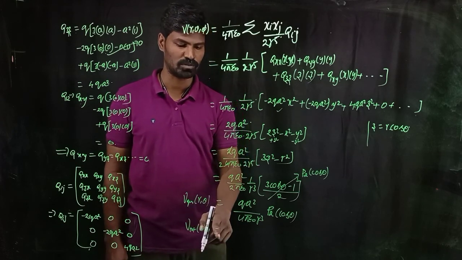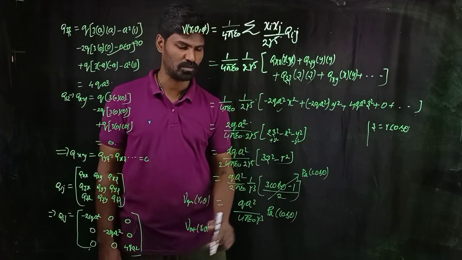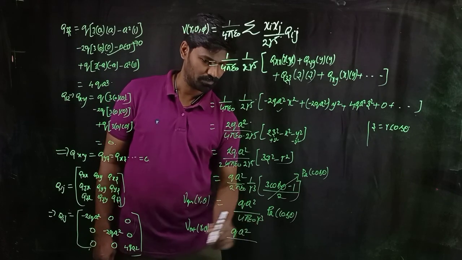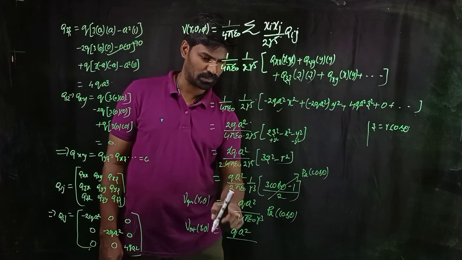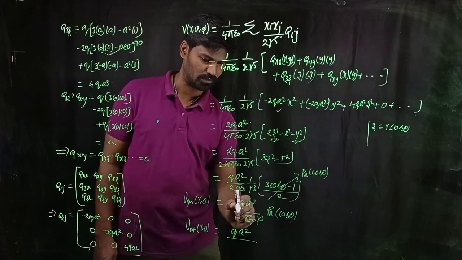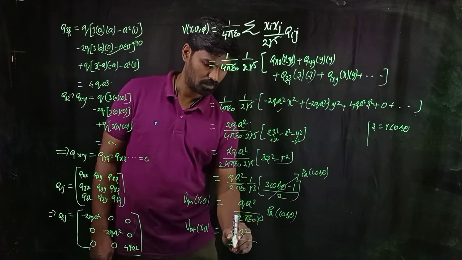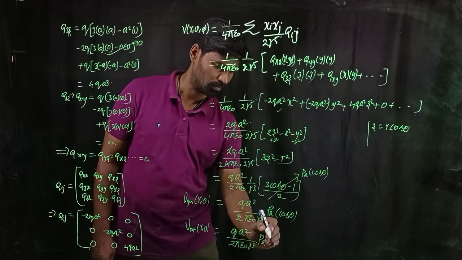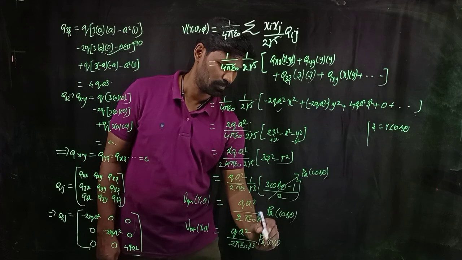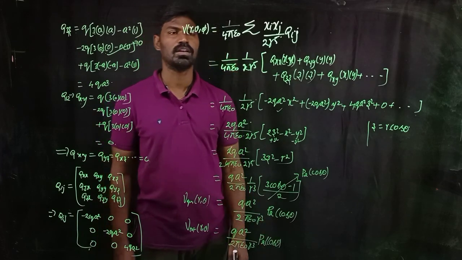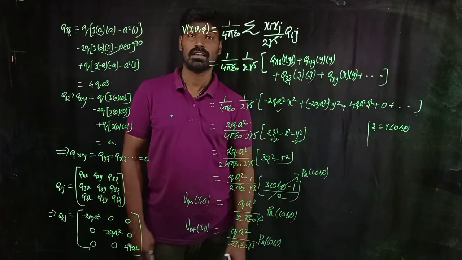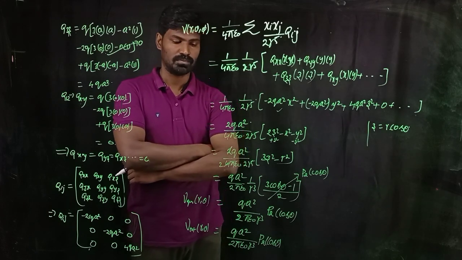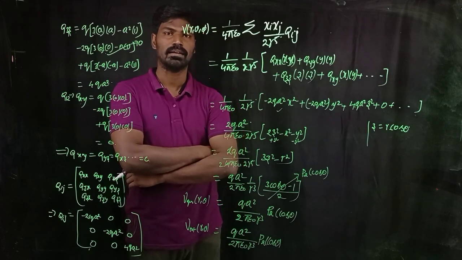The only thing that contributes to the total potential is the quadrupole, which is nothing but q a square divided by, okay, this is 2 pi epsilon naught r cube into P2 of cos theta. I wrote 4 pi epsilon naught by default. This is the expression for potential at a point r, which is at a very far away distance from the charge configuration, due to a linear quadrupole.